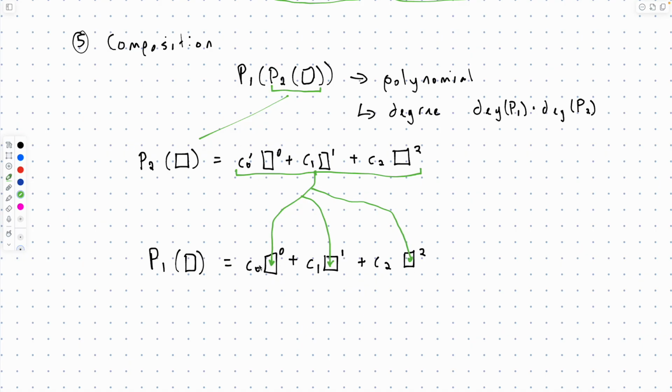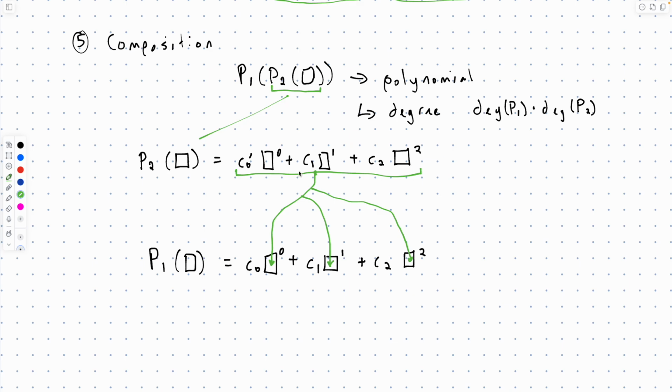Okay? So I'm going to have C0 times this whole polynomial to the power of 0. And then I'm going to have C1 times this whole polynomial, but I'm putting the whole polynomial to the power of 1. That's not going to do anything anyways. And then I have C2, and I'm squaring this whole polynomial.